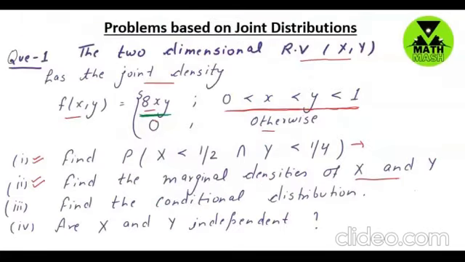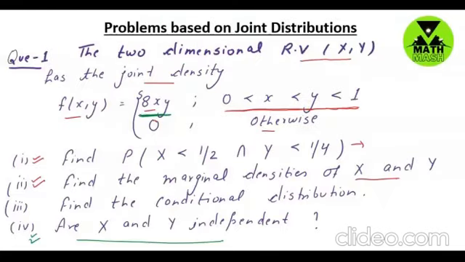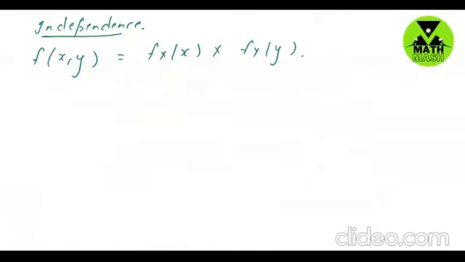Next we have the fourth part: are x and y independent? The condition for independence is that if the joint fxy equals the product of the marginals, then we say that the two random variables are independent. Now the joint distribution is 8xy.